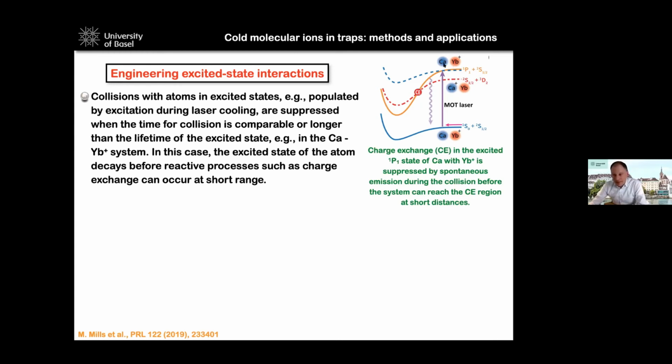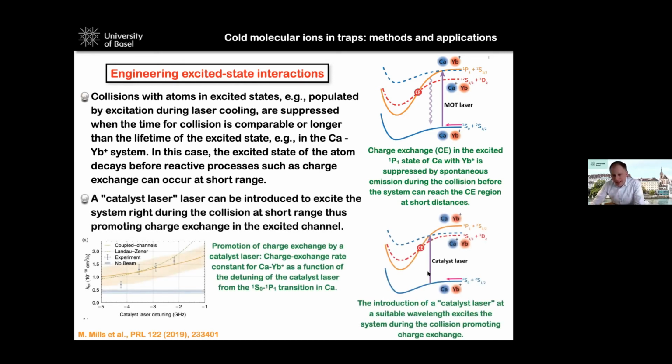In some systems, like calcium ytterbium plus, the excited states are very short-lived: the excitation decays before the partners can come close to one another. In this case, the rate constants for the processes out of these excited channels are very low or even negligible.